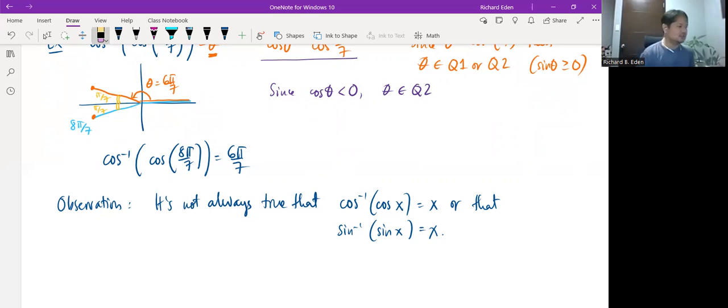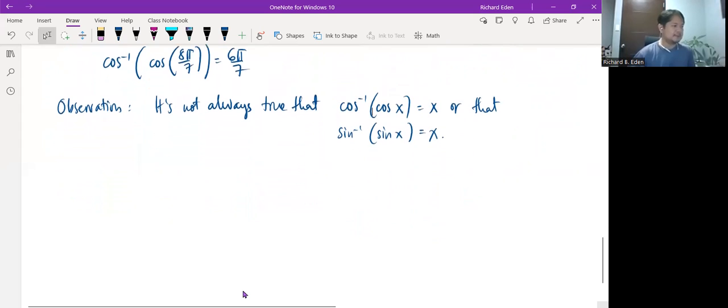Okay, so, example. Observe that even though this is a discussion on the inverse trigonometric functions, and I know that a lot of students are trigger happy with using their calculators for inverse sine and inverse cosine computations, we are not going to use calculators today.